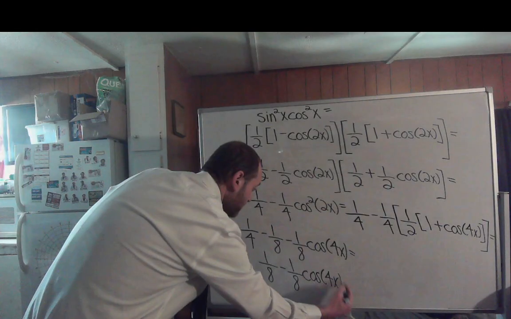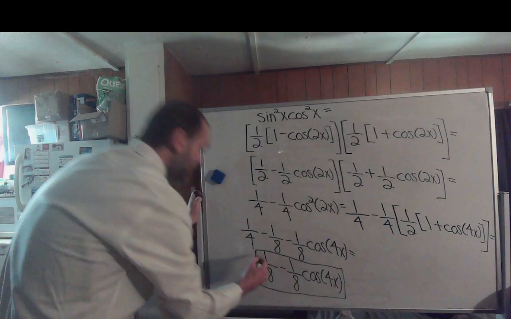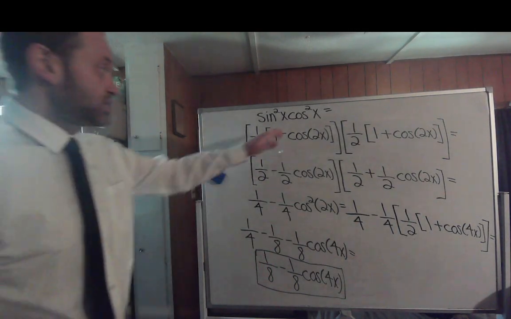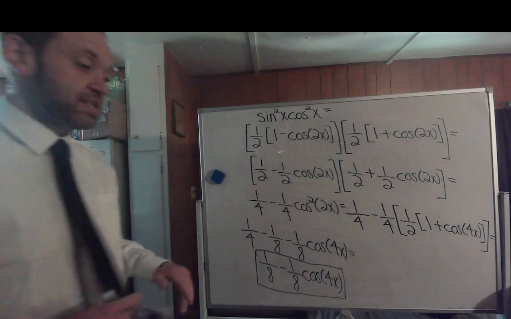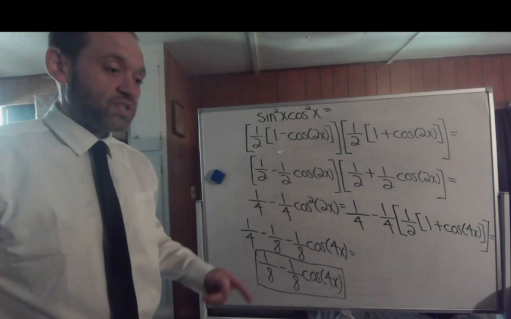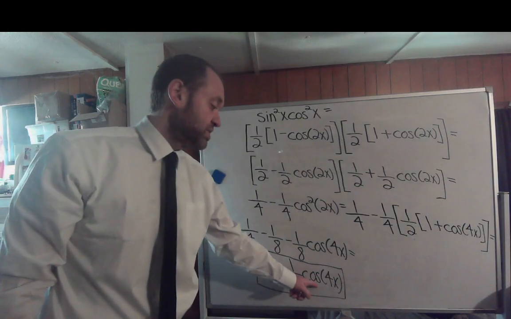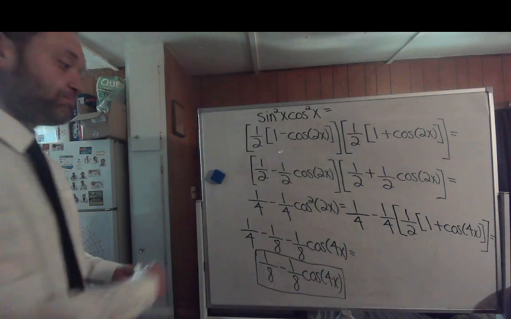There we go. That makes more sense. So the sine squared of x times the cosine squared of x, if you want to write this as a function of cosine to the first power, would be 1/8 minus 1/8 of cosine of 4x.